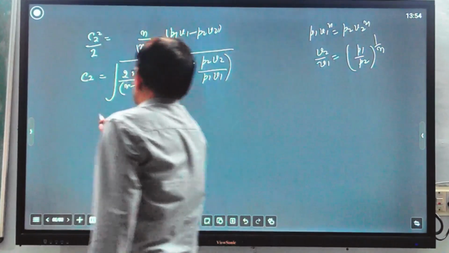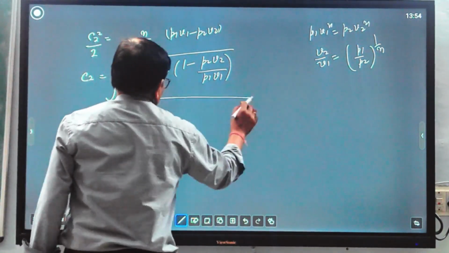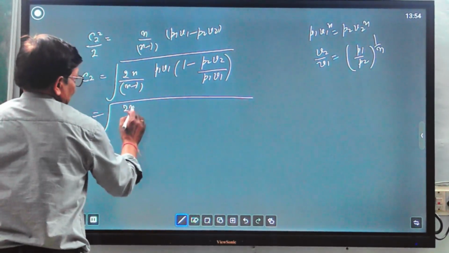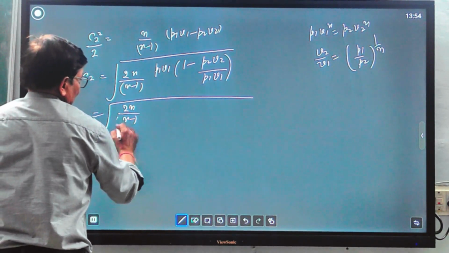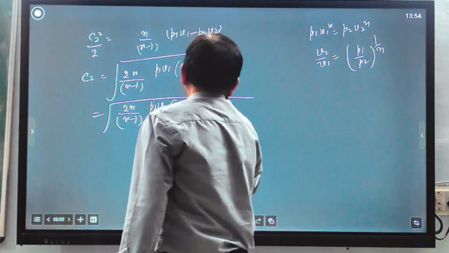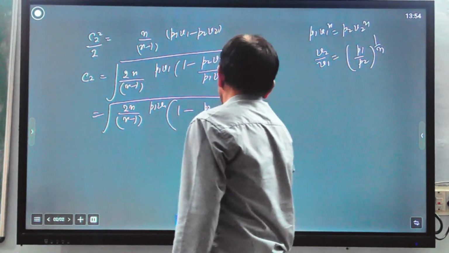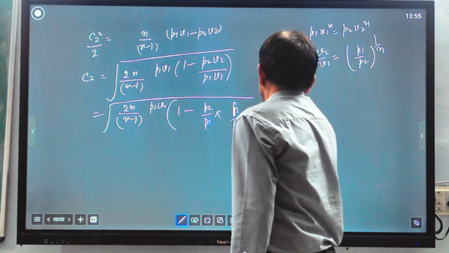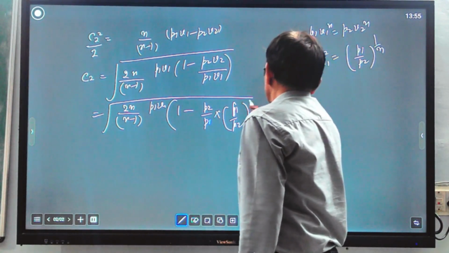Putting this value here, we again simplify into a logical form: 2n upon n minus 1 p1 v1 in bracket 1 minus p2 upon p1 into p1 upon p2 to power 1 by n.